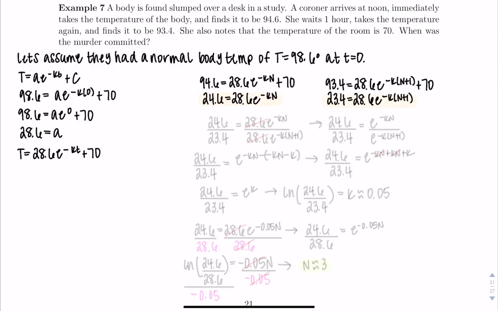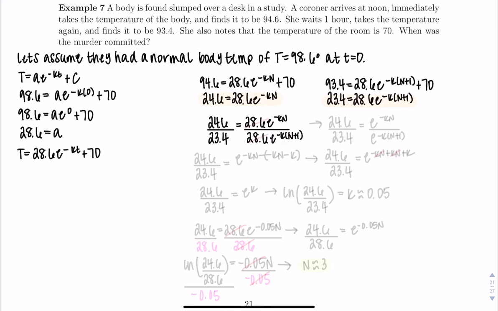We're going to set up a proportion. So 24.6 over 23.4 equals, and on the top we'll have 28.6 e to the negative kn, and on the bottom we'll have 28.6 e to the negative k times n plus 1.